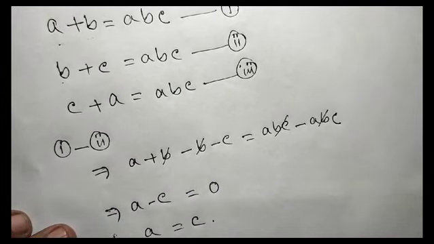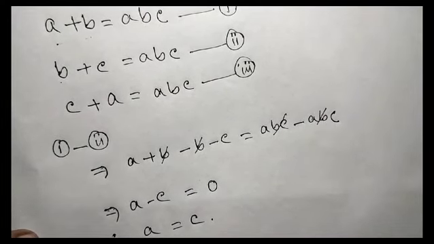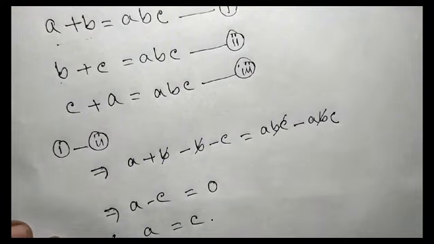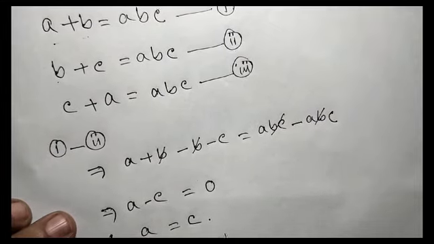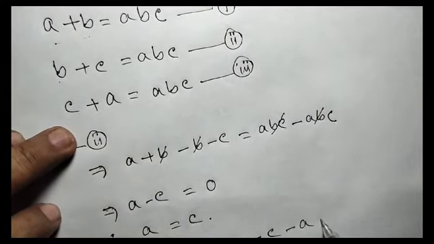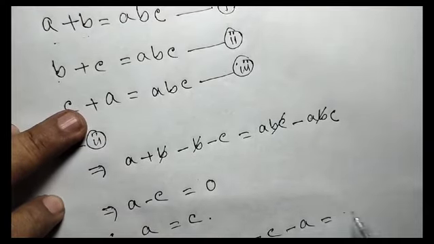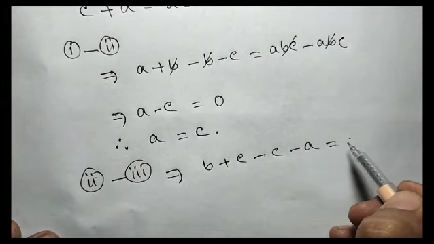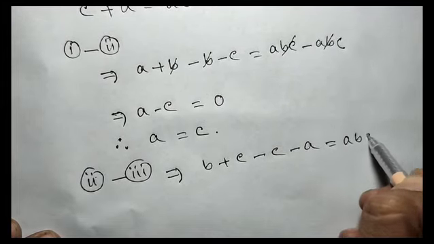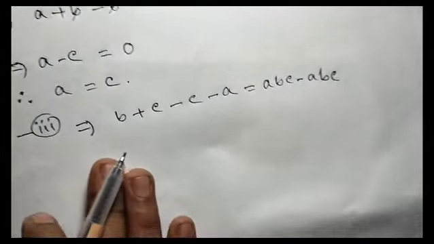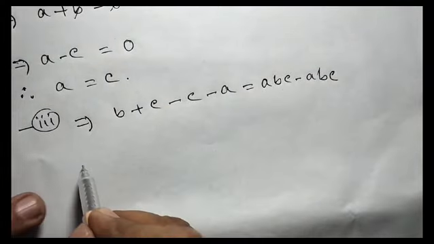In a similar way, we can subtract equation 3 from equation 2. That means 2 minus 3: b plus c minus a equals abc minus abc.